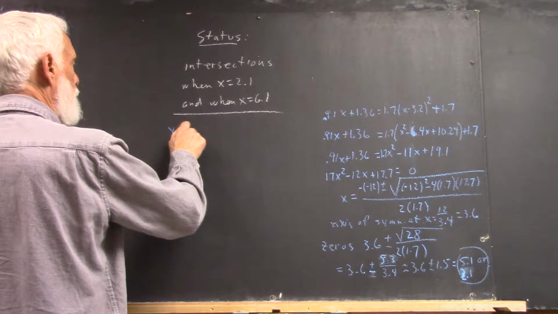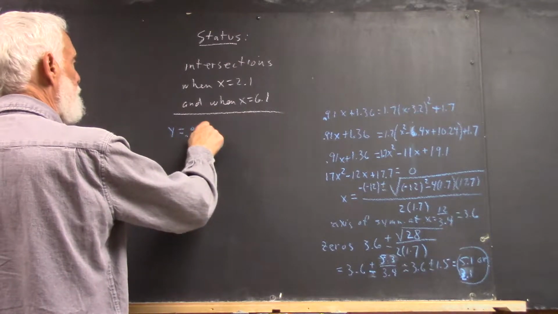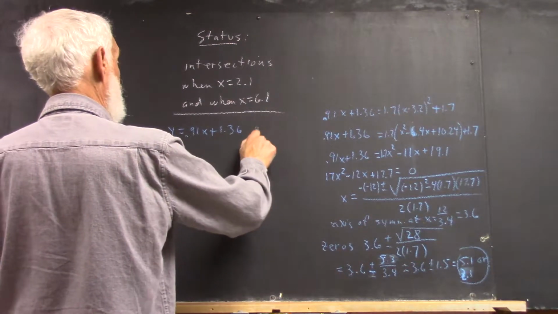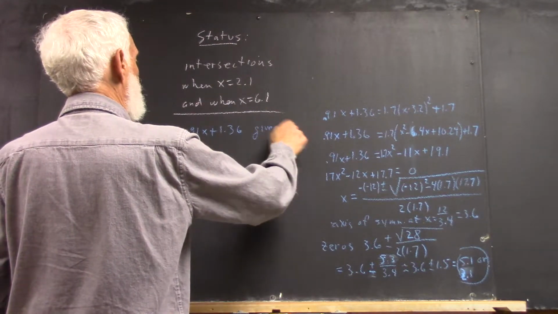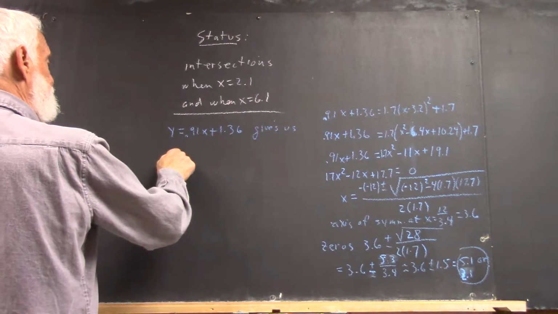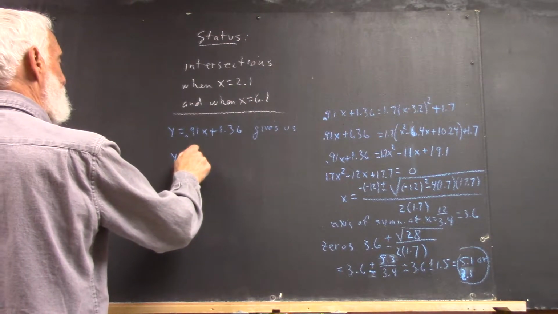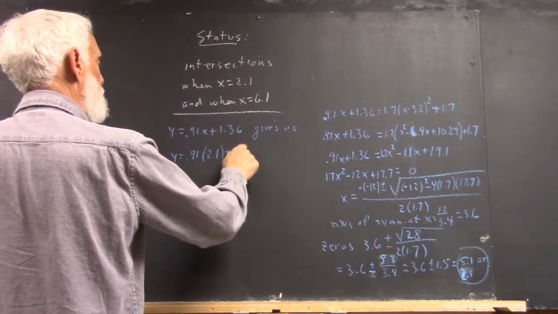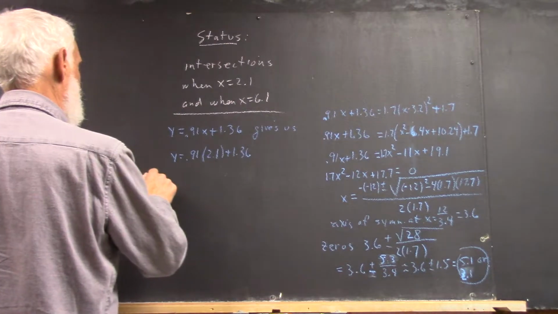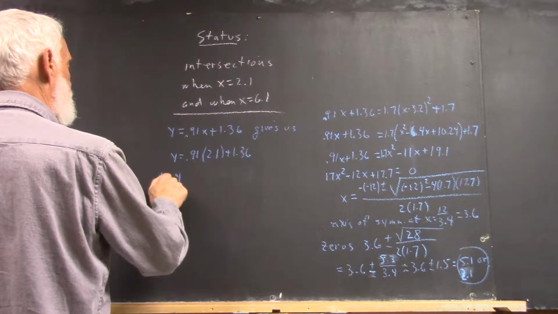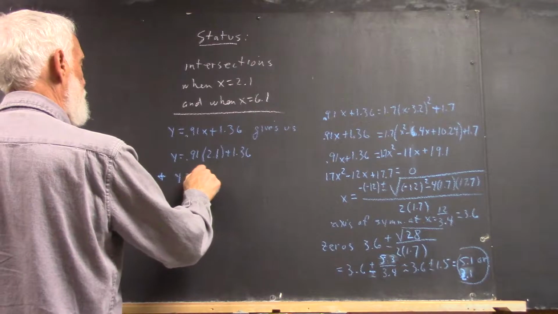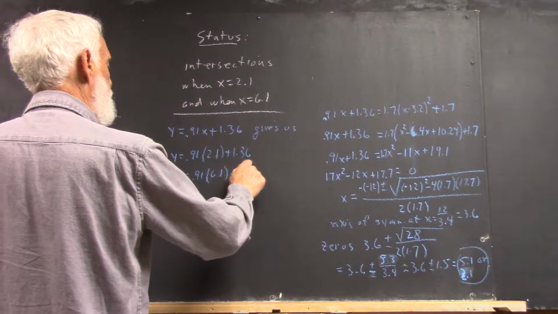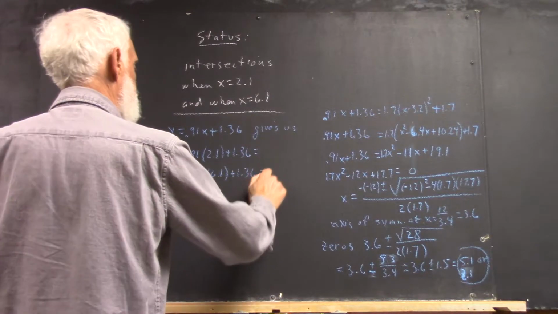Now we want to find the y-coordinates. y equals 0.91x plus 1.36 gives us 0.91 times 2.1 plus 1.36, and y equals 0.91 times 5.1 plus 1.36.